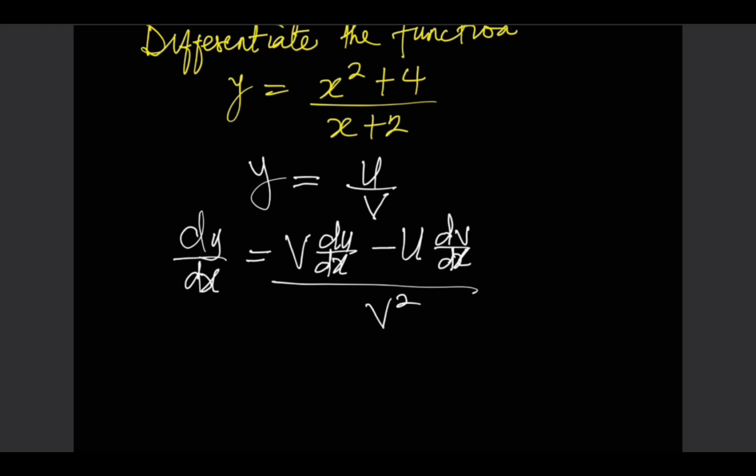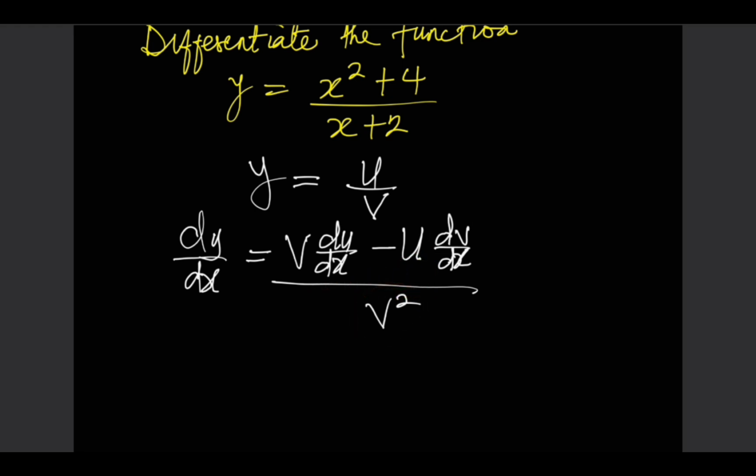What this means in simple terms is that we multiply the denominator, which was this v, by the derivative of the numerator. And then we subtract the numerator multiplied by the derivative of the denominator. And then divide everything by the square of the denominator.